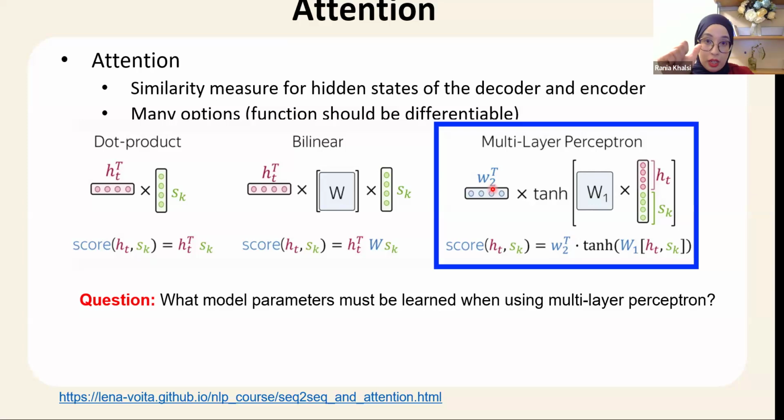So the dot product has zero parameters, the bilinear has one parameter matrix, and the MLP version includes two parameter matrices. Perfect.